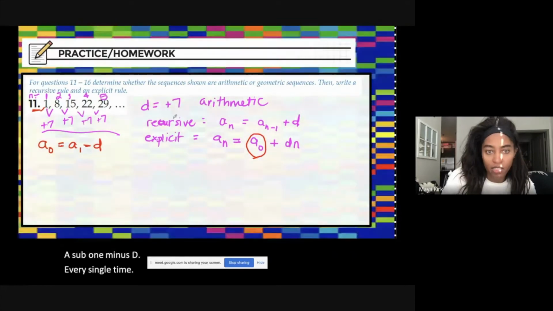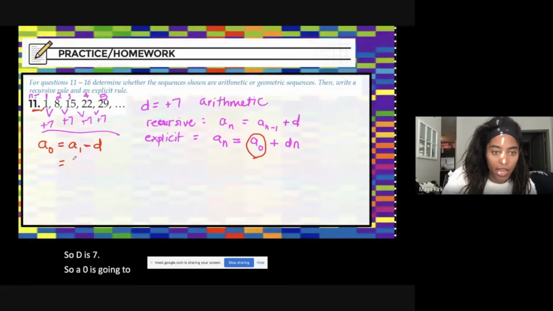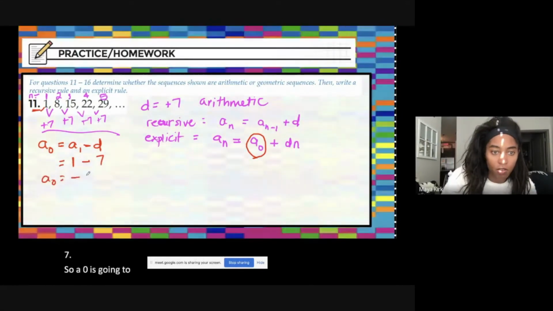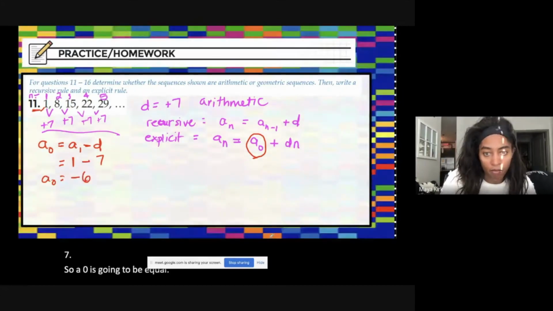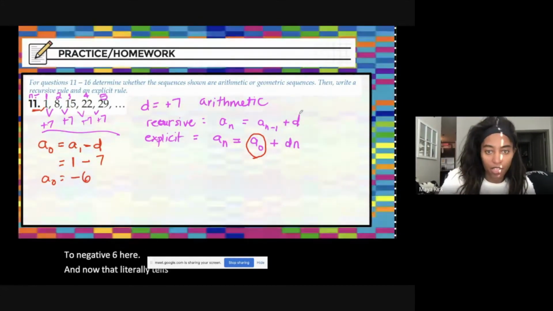So D is 7, and A0 is going to be equal to A1, which is 1, minus 7. So A0 is going to be equal to -6 here.